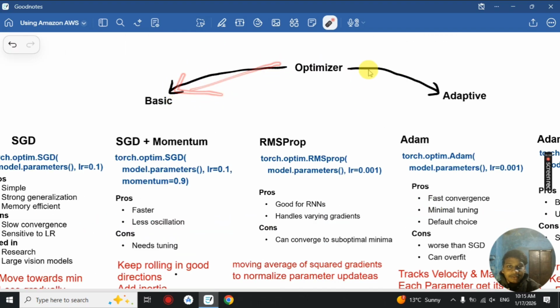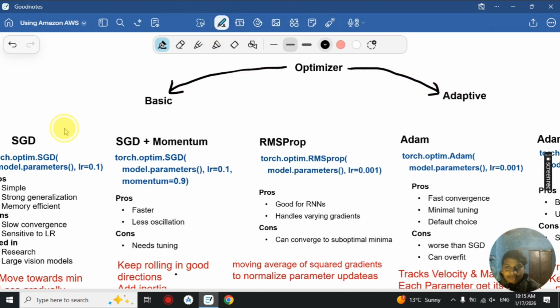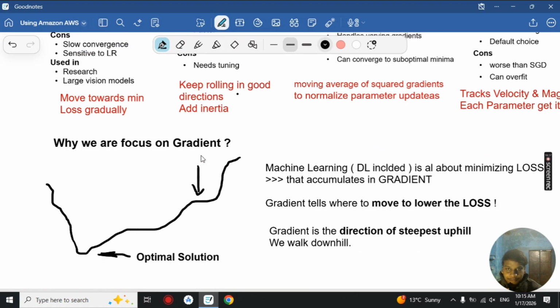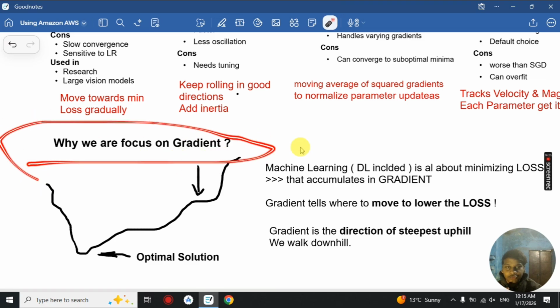Now what are the types of optimizer function? So we have here 5 optimizer functions, depending on whether they are basic or adaptive. First is SGD, but before understanding it, you must understand why we are focused on gradient.